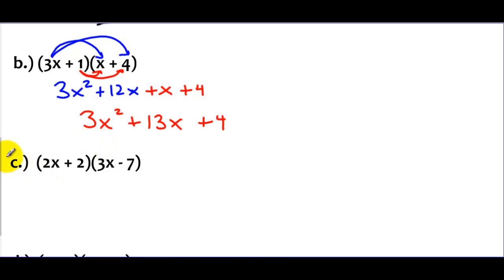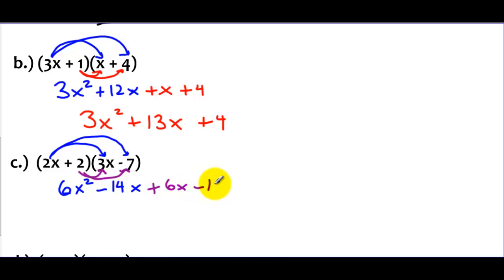Okay. One more example. Again, same process. 2x times 3x gives me 6x squared. 2x times -7, well, that gives me -14x. And then again, I'm going to go the other way. I'm going to say 2 times 3x gives me 6x, and 2 times -7 gives me -14.